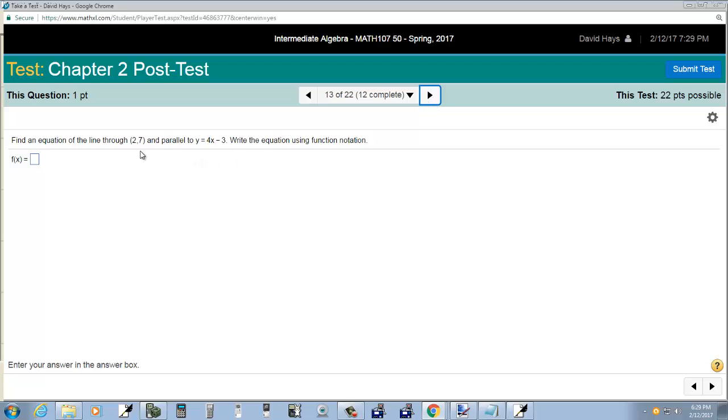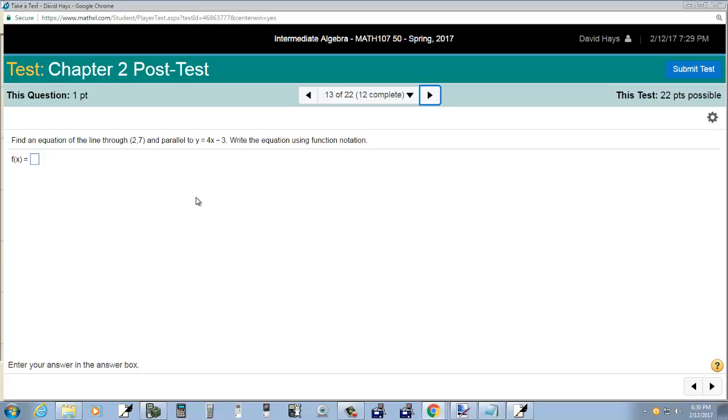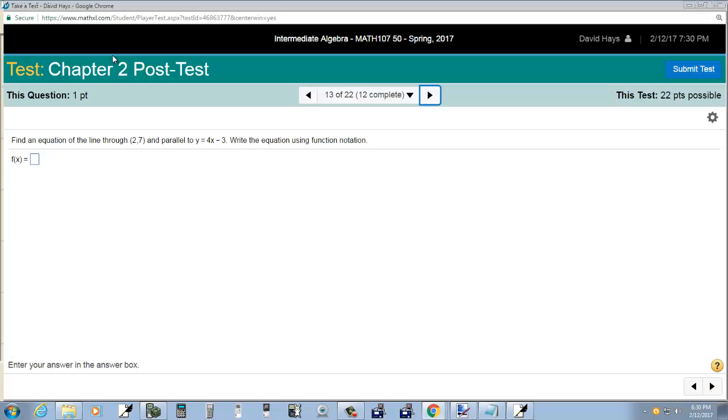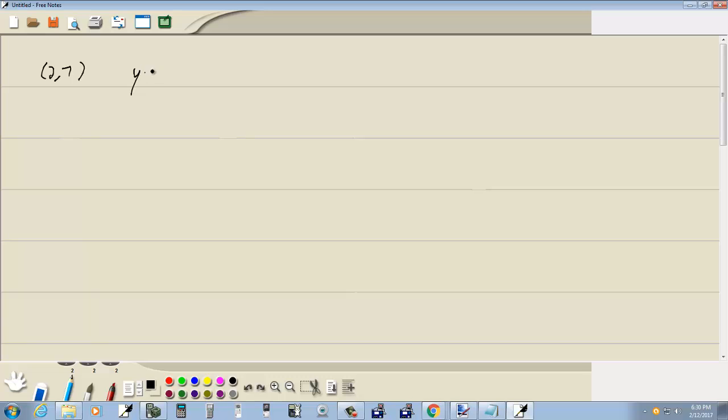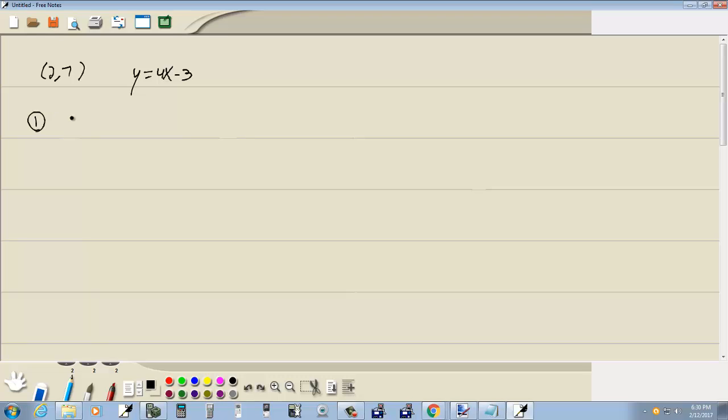Okay, find the equation of the line through this point and parallel to this line. So it's passing through the point 2, 7, and it's parallel to y is equal to 4x minus 3. Step 1. First sub-step is write the given line in slope-intercept form, which means solve for y.